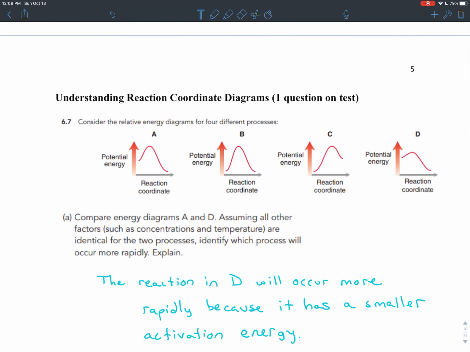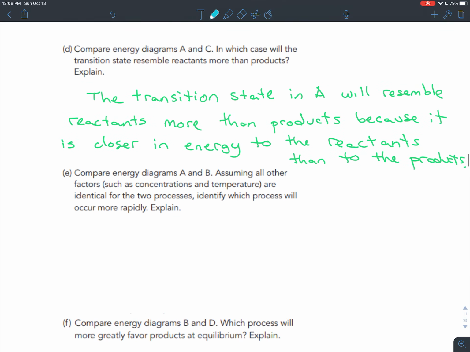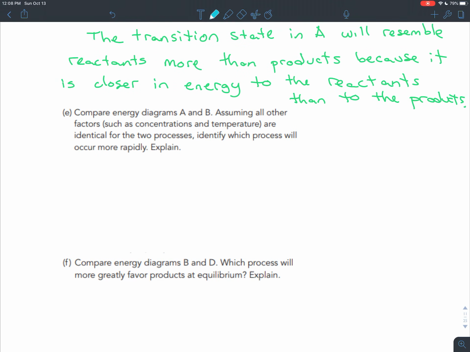So if we look at A and B, we're looking for the transition states. Notice the activation energies. The activation energy in A is much smaller than the activation energy in B, and so A will happen faster than B. Now you would want to write down the whole explanation, but here I'll just put the answer, identify which process will occur more rapidly, A, and the explanation is that the activation energy for A is smaller, so you'll find molecules more often that have the energy to go over that and turn into products.